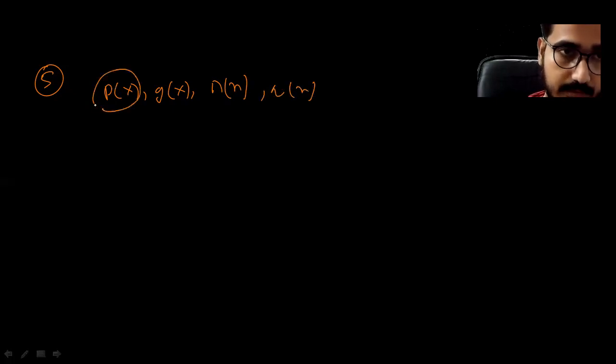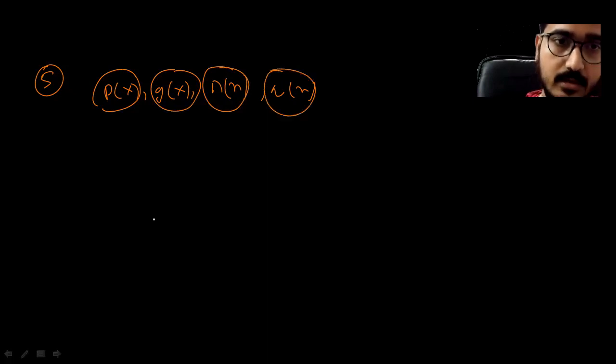Okay. Now see the next question, question number 5. Give an example of polynomials px, gx, qx, and rx which satisfy the division algorithm. Okay, so you have to give some examples of px, gx, rx, and qx. Here px means the dividend, gx is the divisor, rx is the remainder, and qx is your quotient.